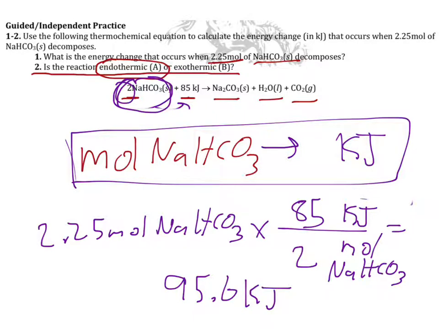Now, is this a positive 95.6 kilojoules, or is it a negative? Well, because it's endothermic, it's a positive. If it's on the reactant side, this is a positive change in energy. If it was on the product side, it would be a negative change in energy because it would be exothermic, and this is our answer for that.